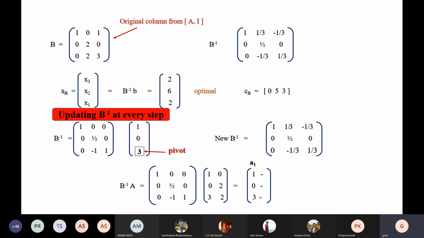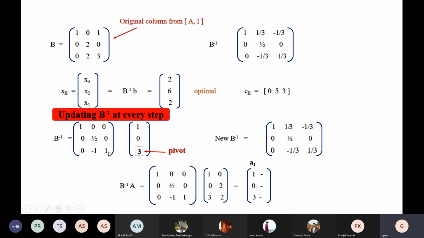We do the same thing here. To make it 1, you divide this 3 by 3, and you do the same thing for the corresponding row of this B inverse. So you divide the last row of B inverse by 3.